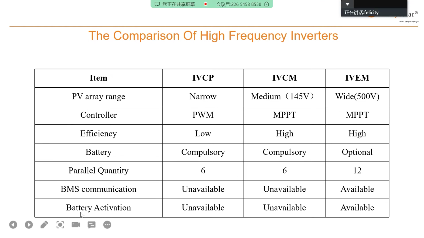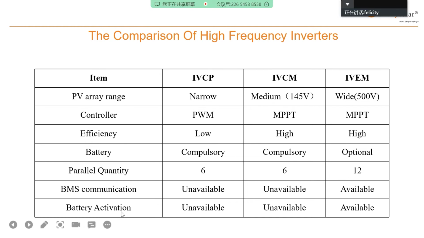BMS communication means the communication with the lithium battery. Felicity also provides lithium batteries, right? So for communication between the inverter and the lithium battery, currently only IVEM can do this.